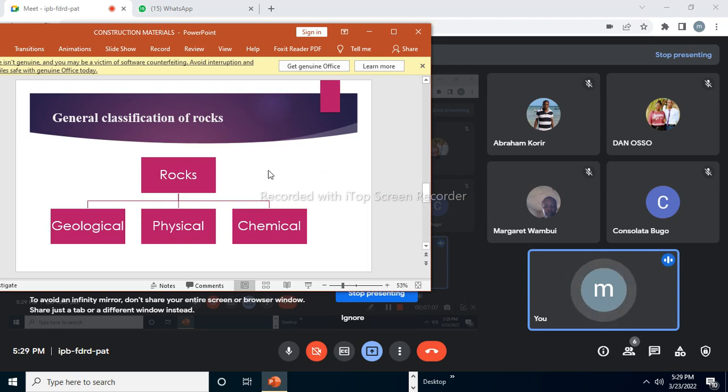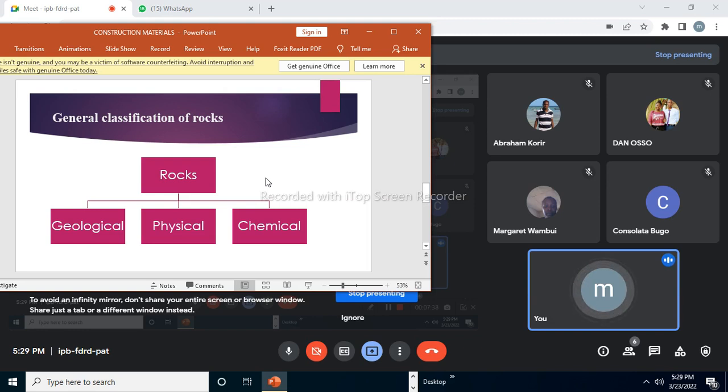Then we have igneous rocks. Igneous rocks are those formed from eruptions of the earth's surface, the solidification of magma. When it cools down either in the earth's surface or above the earth's surface, they form igneous rocks.